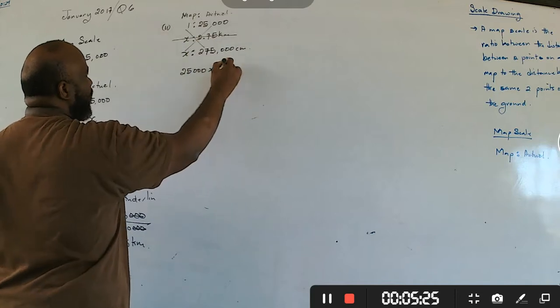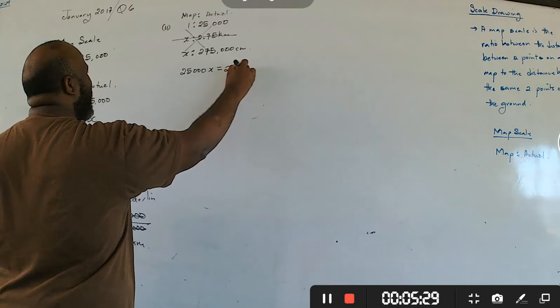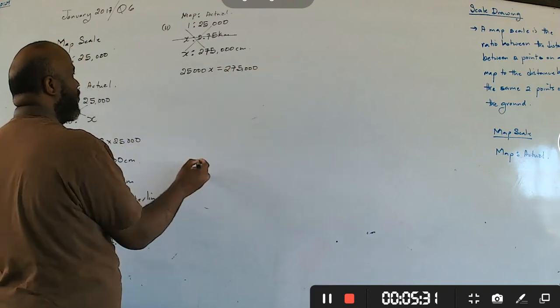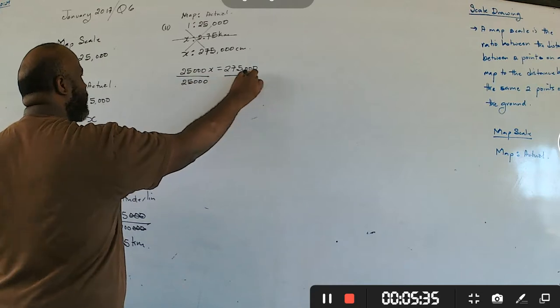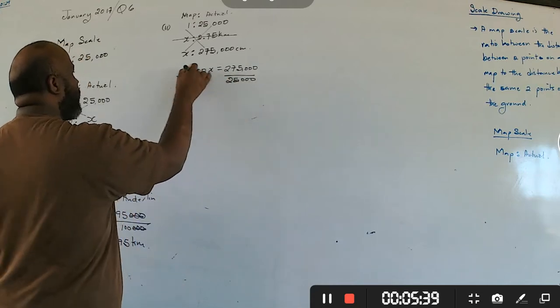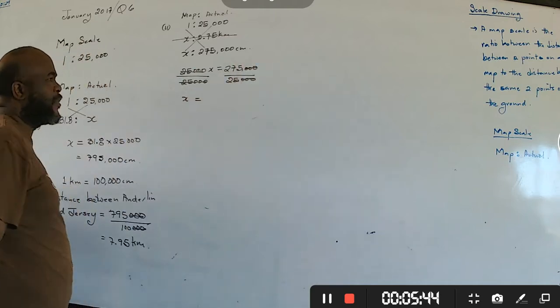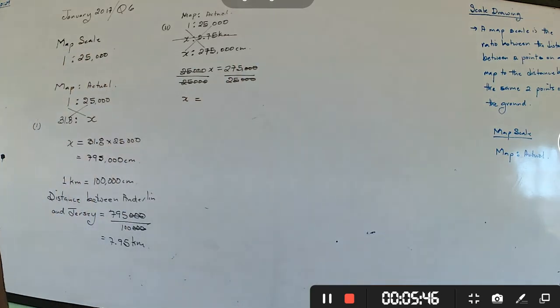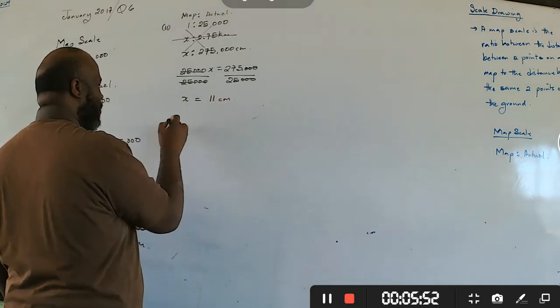This times this is 275,000. Divide both sides by 25,000. X is equal to 275 divided by 25, which is 11 centimeters.